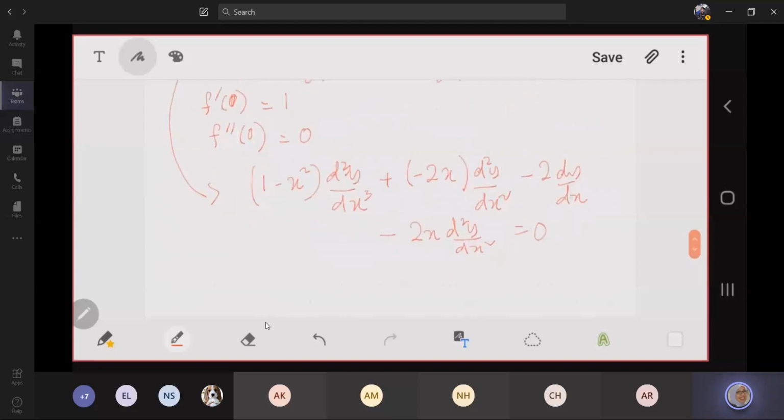So you want to find d cube y by dx cube, isn't it? So that one is 0. This thing is 1. That one is 0. But d cube y by dx cube, when you put in x equals to 0, you get 1. So you get d cube y by dx cube is equal to 2.